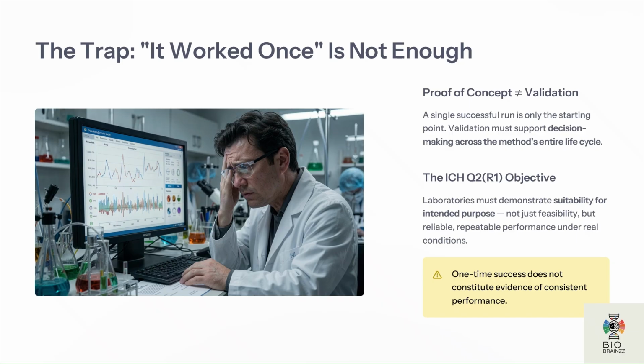According to ICH Q2 guidance, laboratories must prove that a method is suitable for its intended purpose. The focus is not only on feasibility, but also on repeatability and reproducibility. A method must perform consistently over time with different operators, instruments, and sample conditions. Therefore, one-time success is not validation. Validation requires scientific evidence collected through systematic studies.